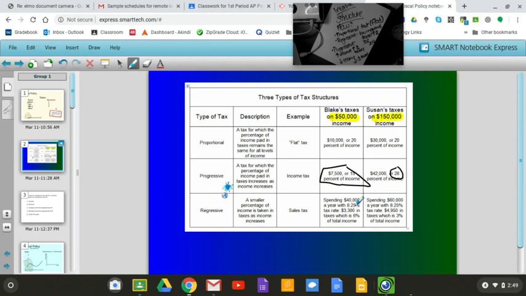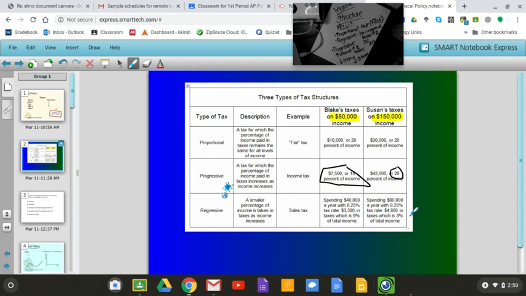Well, okay, let's compare that to Susan. She makes more. Yeah, she's going to spend more. She'll spend like $60,000 and Blake's only spending $40,000. And so it looks like she's spending more in sales tax than he is. But if you compare those numbers to their original income levels, 6% of all of Blake's income is just sales tax.